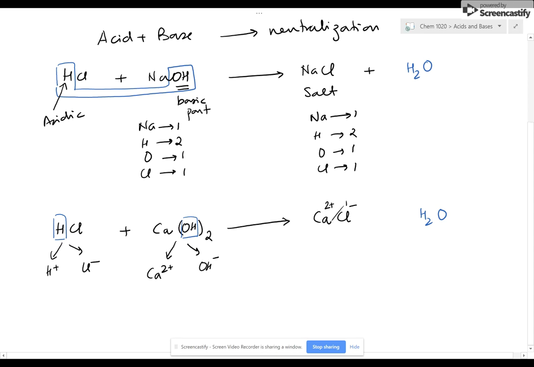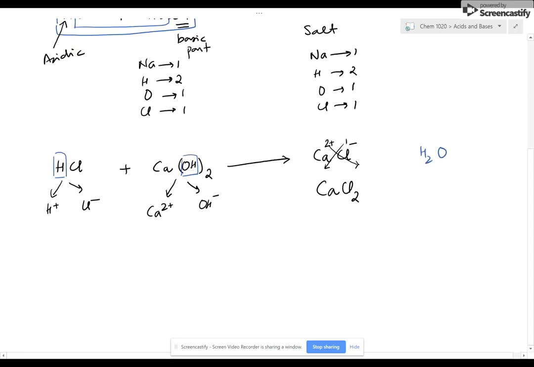Therefore, using the crossover rule, the actual formula for calcium chloride should be CaCl2. So let's rewrite this equation. We have HCl plus Ca(OH)2 gives us CaCl2 plus H2O.